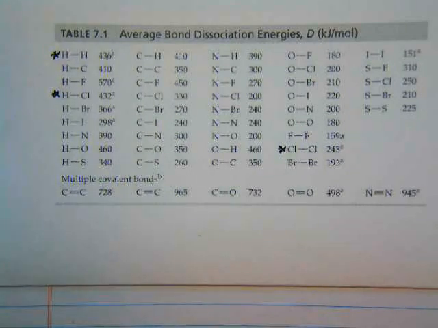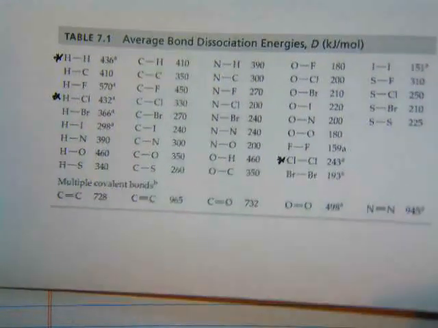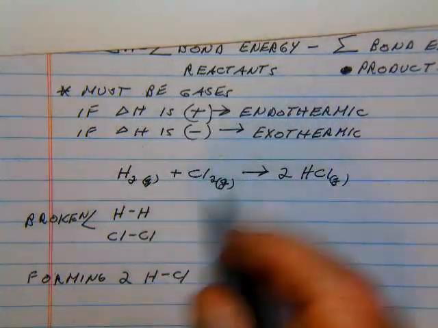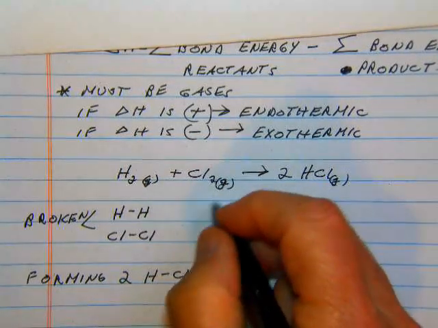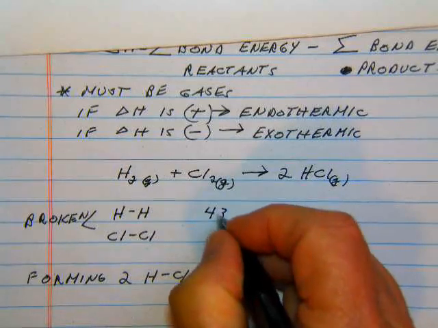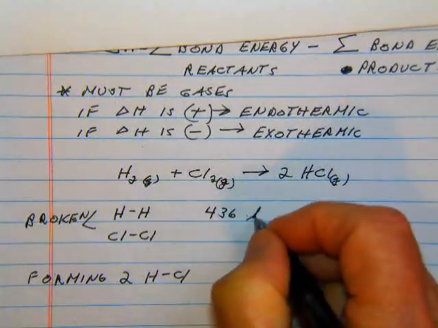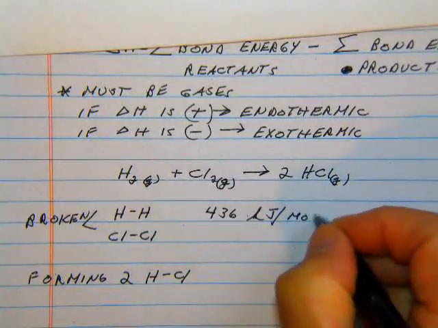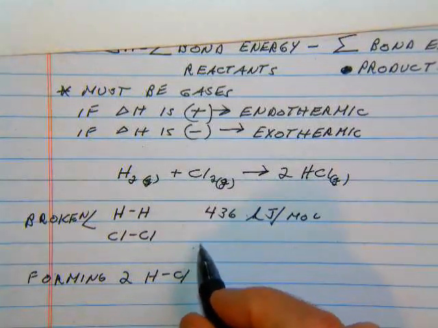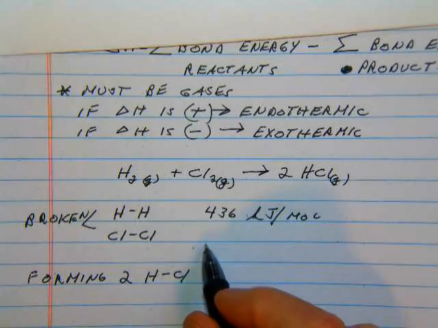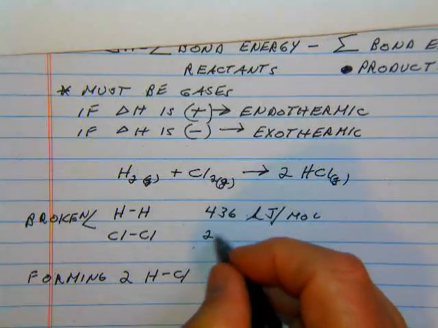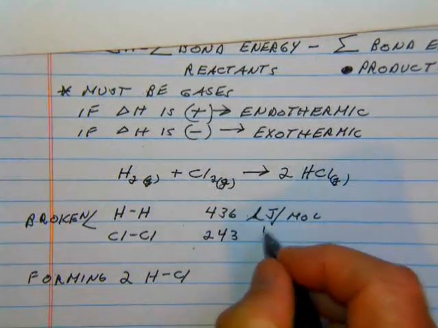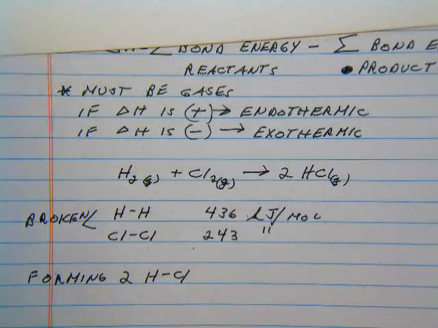So let's go ahead and put these values into our equation. The H-H is 436 kilojoules per mole. The chlorine-chlorine, as we saw, was 243 kilojoules per mole.